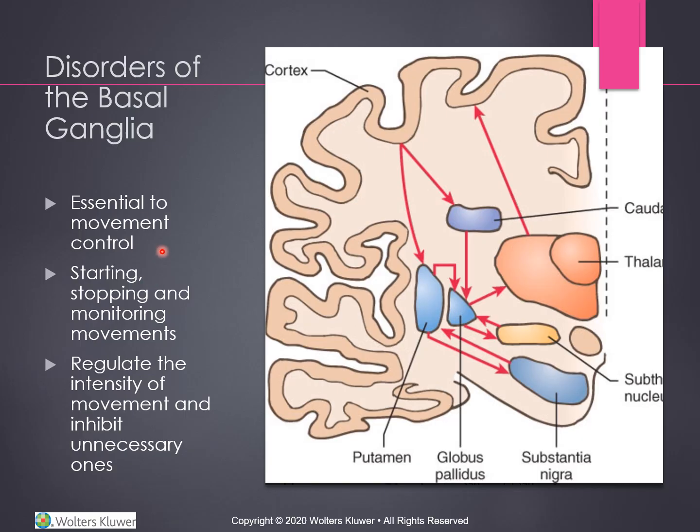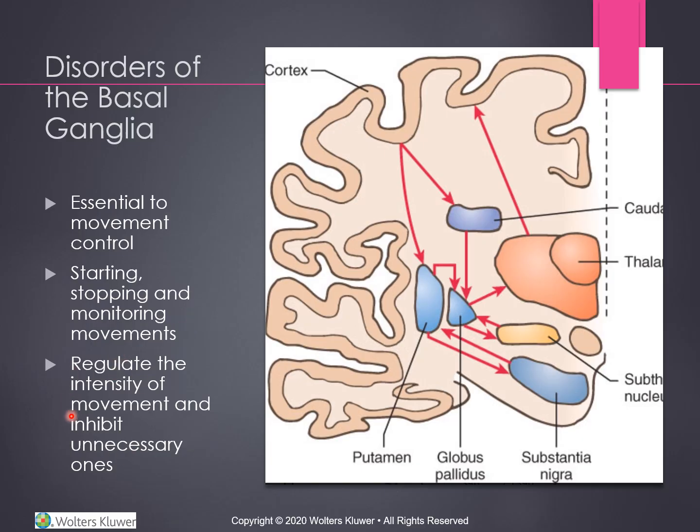So some of those things we talked about back with things like acetylcholine and dopamine and GABA, those kind of control systems are largely functioning through the basal ganglia itself. So that's things like starting, stopping, and monitoring movement.